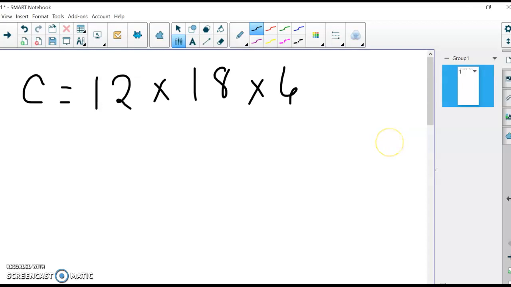And we can go ahead and find the volume of that. Just a second. 12 by 18 by 6 is 1,296.